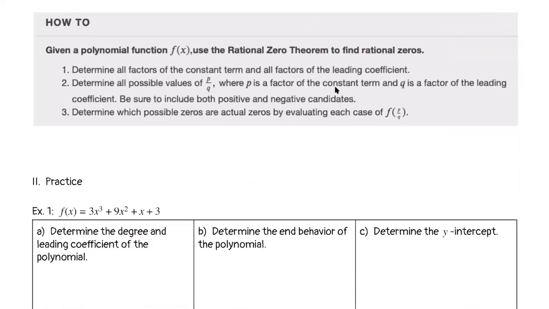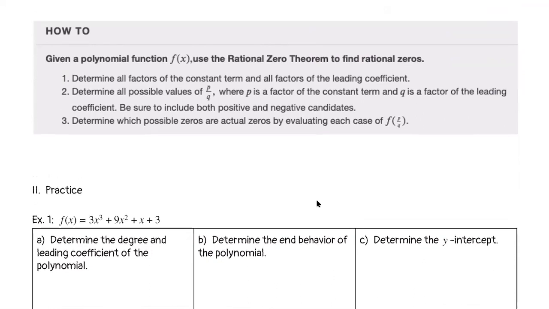Okay. So how do we find the possible rational zeros? So we're going to determine all the factors of the constant term and all the factors of the leading coefficient, right? So again, the factors of the leading coefficient are the yellow, and then the factors of the constant term are the purple, and then we're going to divide those. So purple divided by yellow.